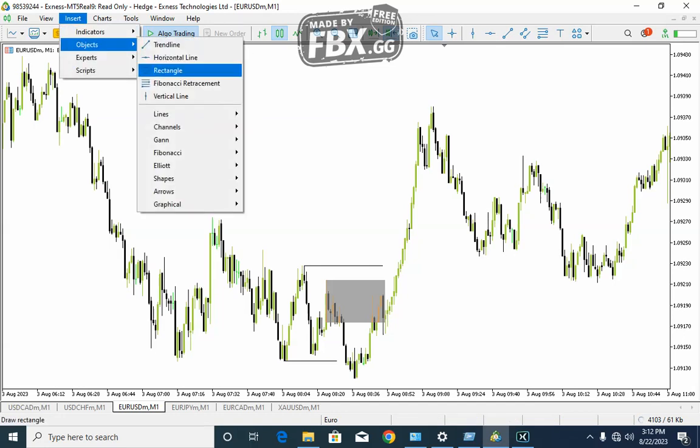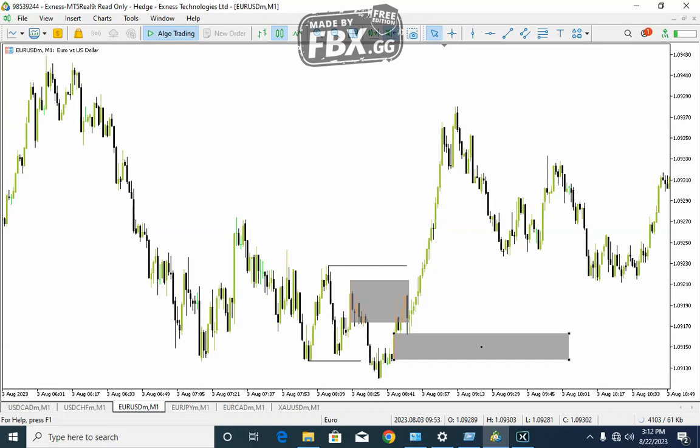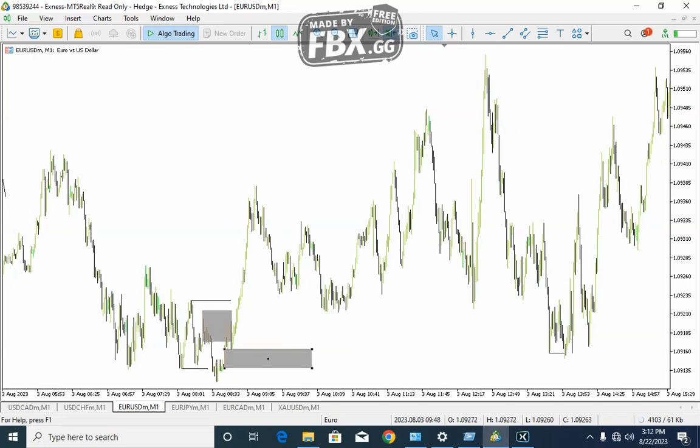I want to identify my point of interest where I should be looking to what? To buy from, right? So the market has taken out the sellers, so definitely I want to start looking for where to buy from. Right? I want to start looking for the good areas to buy from, you understand, so that I can leverage on that and make good profits for myself.